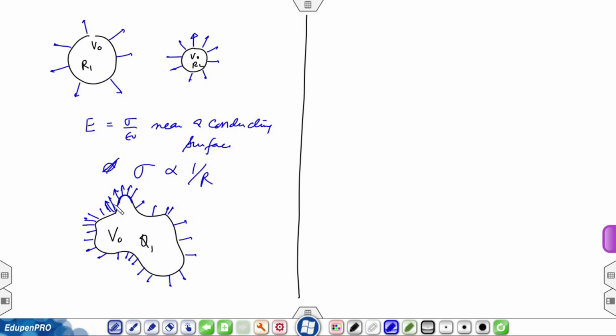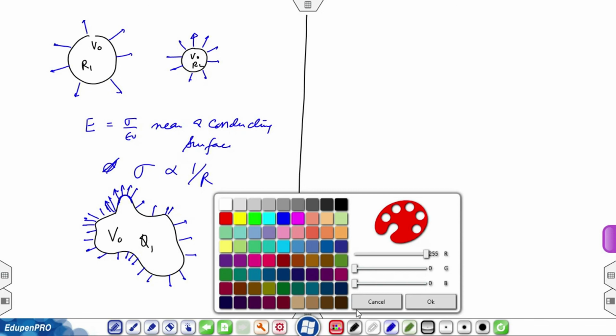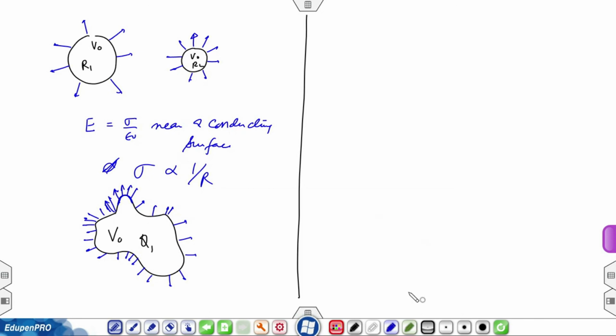And similarly, sigma is going to be similarly large or small depending on the radius of curvature. So, sigma is going to be very large here. Let me show it by a thick line, then it becomes thin line, and maybe little thicker here, then very thin, maybe little thicker here, very thin, and very thick here again.